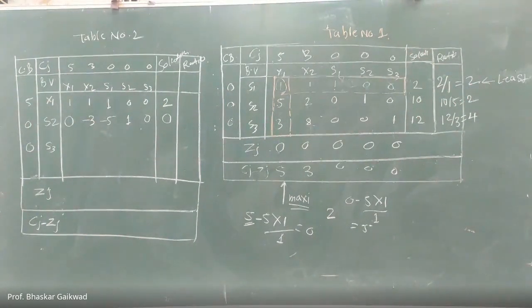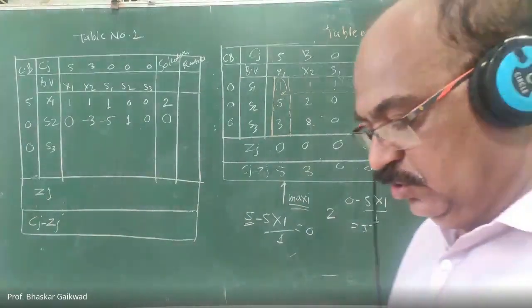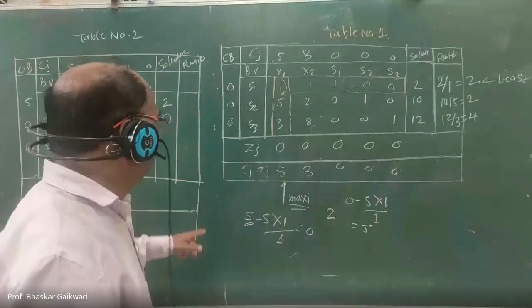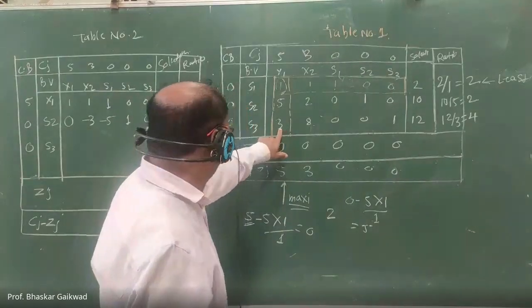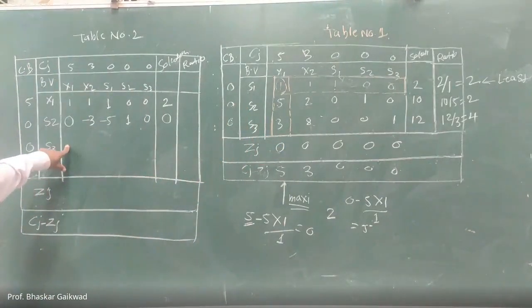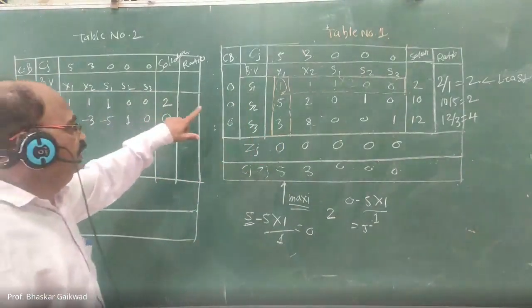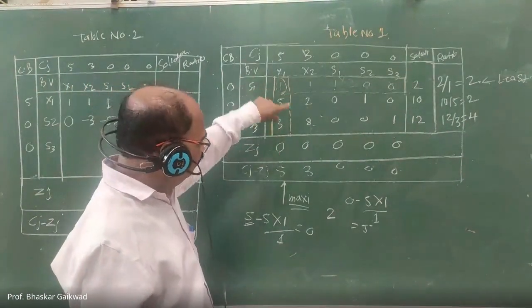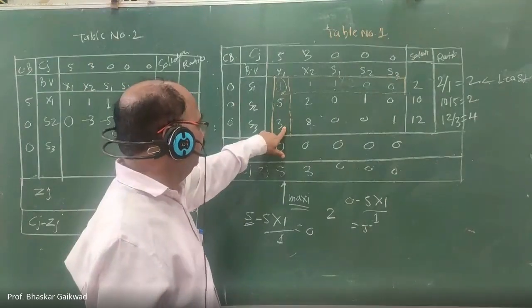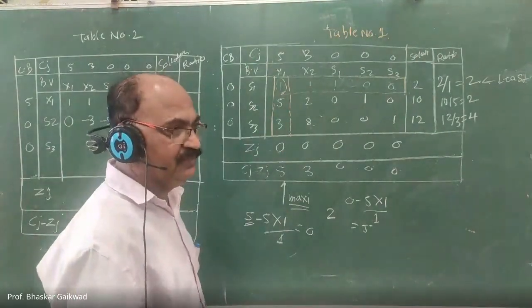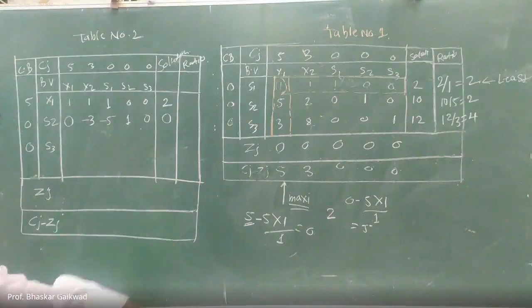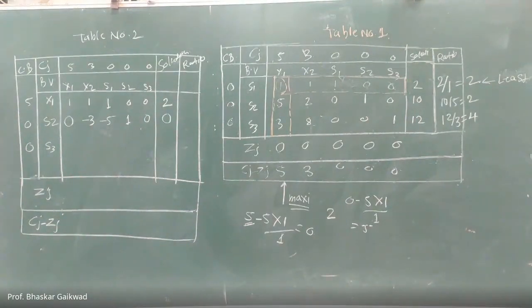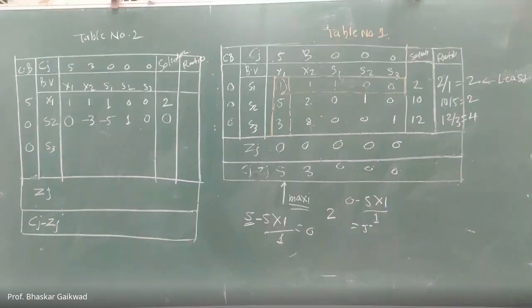Now we go to the S3. What should be here? Original value is 3 minus corresponding row value is 3. Corresponding column value is what? And divided by key element. What should be there? Sir, minus 12.